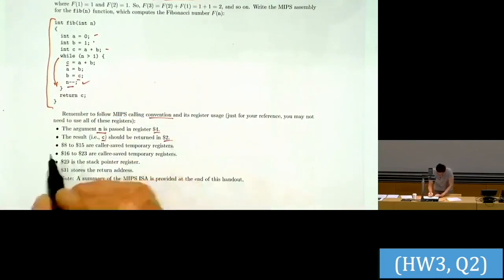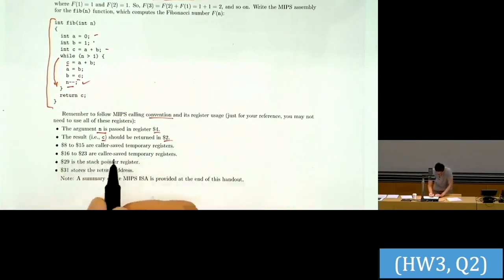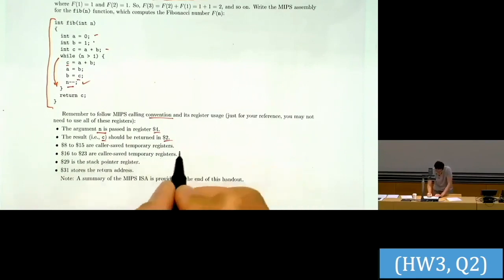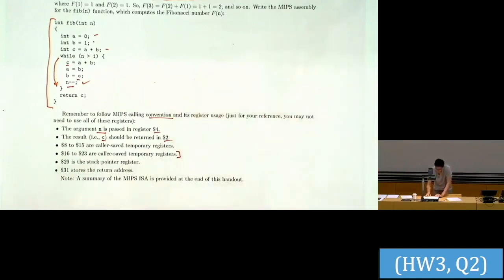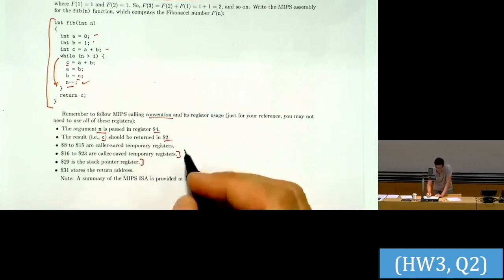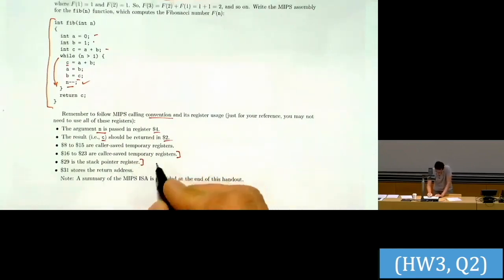Then there are also some register numbers, for example, for say temporary registers. We're going to need these because, as you will see in the code, this Fibonacci computation is going to be in one function. Then we have the stack pointer. We're going to need the stack pointer, as you might remember, to save the temporary registers.